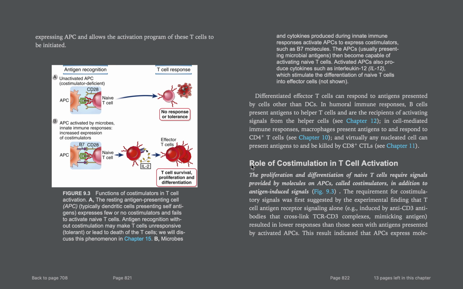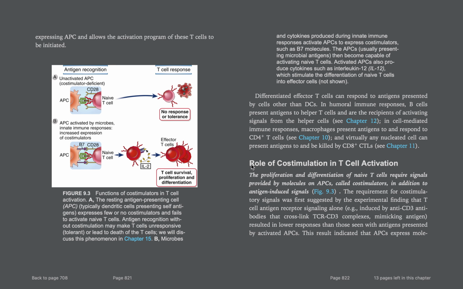Role of costimulation in T cell activation. The proliferation and differentiation of naive T cells require signals provided by molecules on antigen-presenting cells called costimulators, in addition to antigen-induced signals.